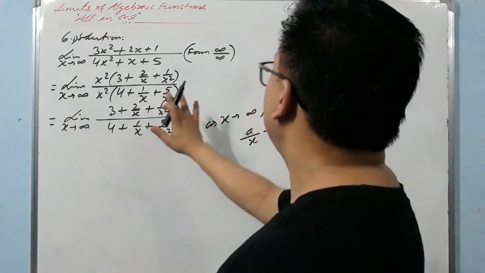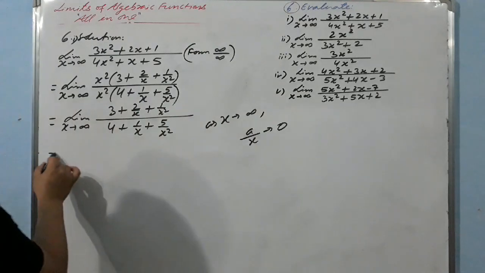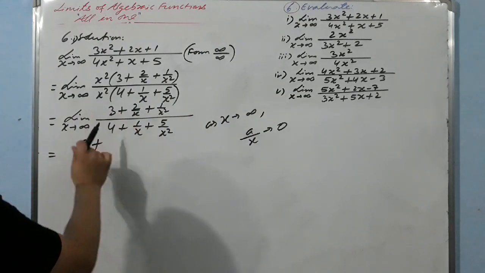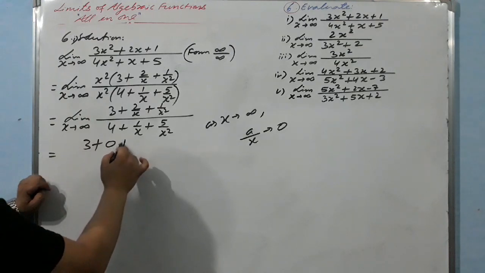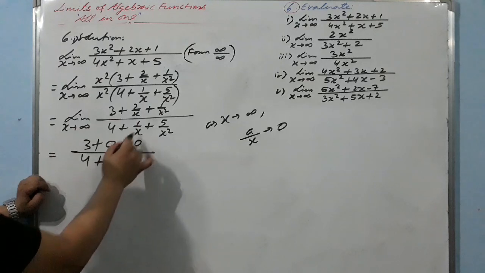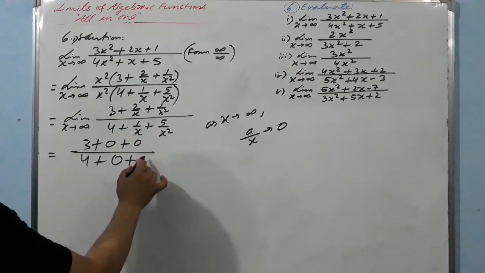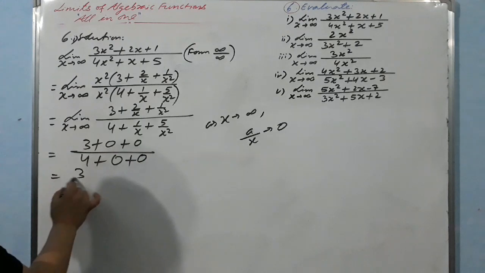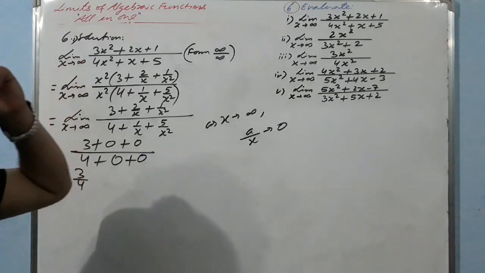So 2 upon x tends to 0, and 1 upon x square also tends to 0; in the denominator, 1 upon x tends to 0 and 5 upon x square approaches 0. So your final answer is 3 by 4. This is the limit of this function.